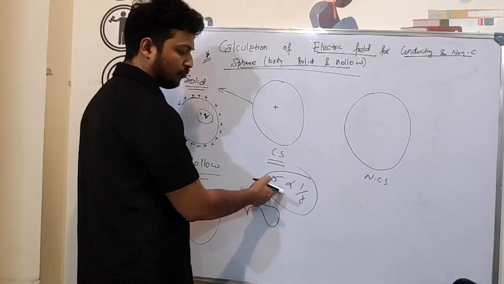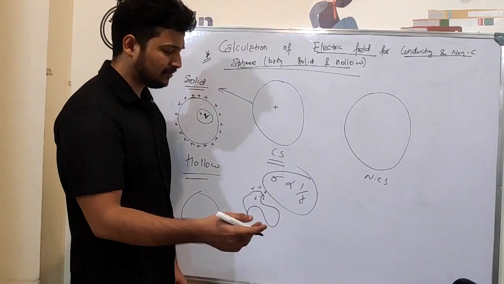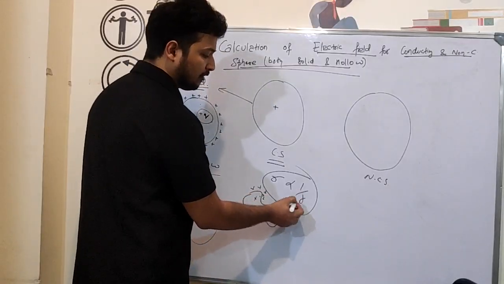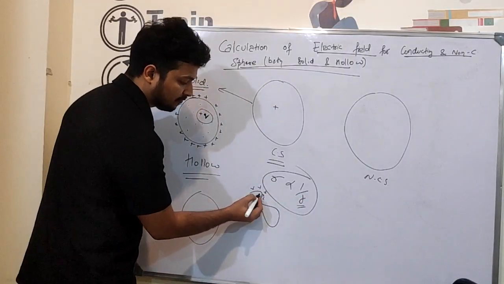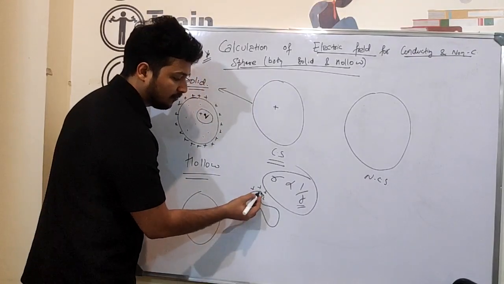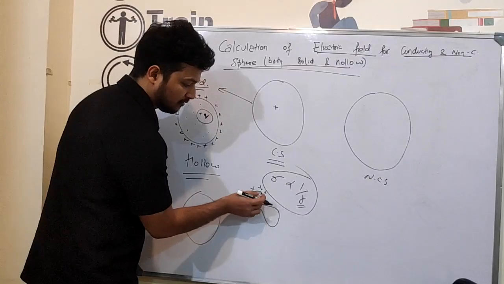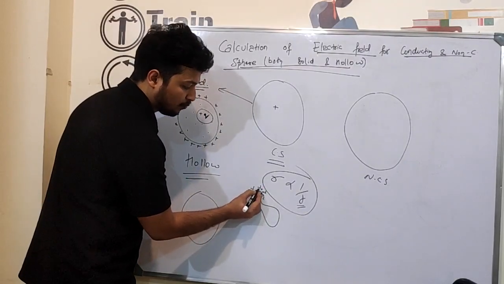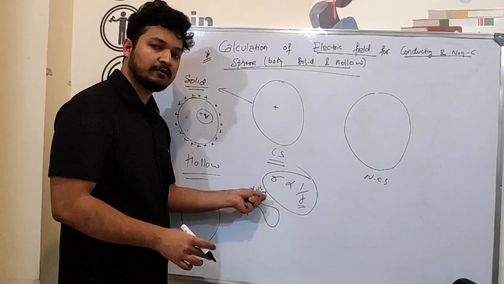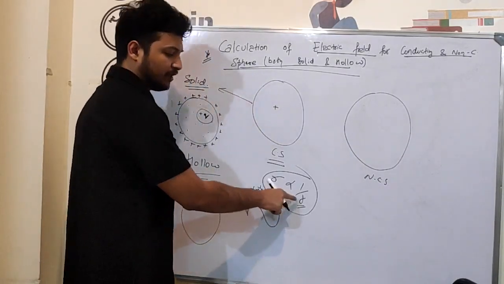And the formula which says that sigma is inversely proportional to r simply says that the value of surface charge density at any point will depend upon the local radius of curvature. If I draw a simple radius r, the value of sigma will be inversely proportional to it. That means this point will have more charges, or you can say the point here will have more surface charge density than the point there, guided by this formula.